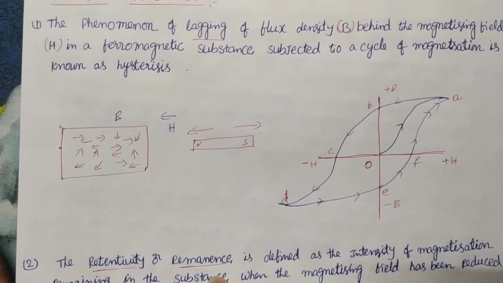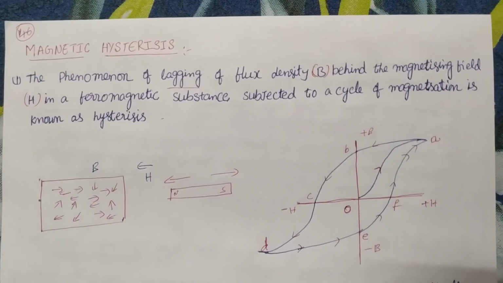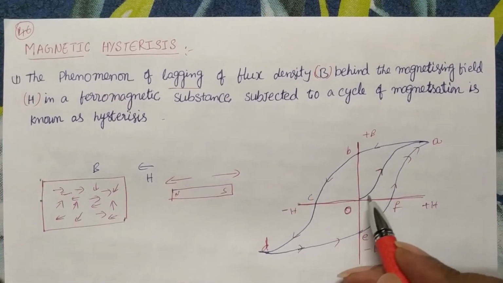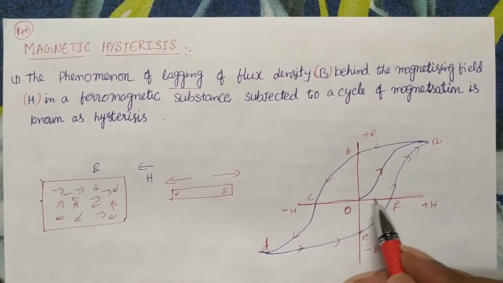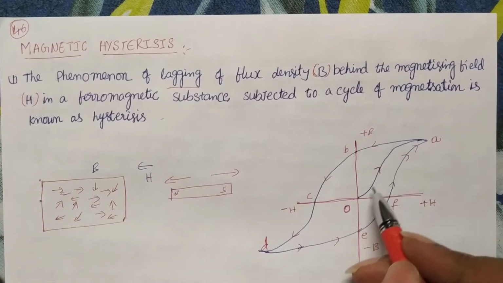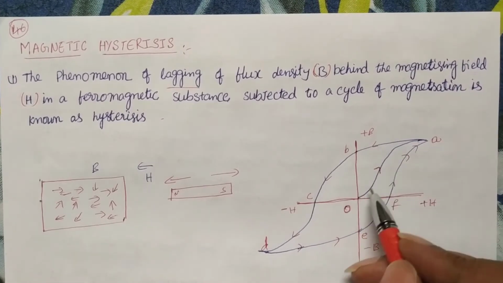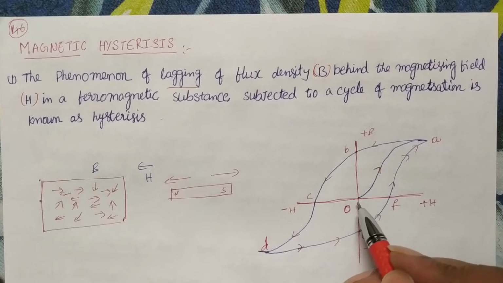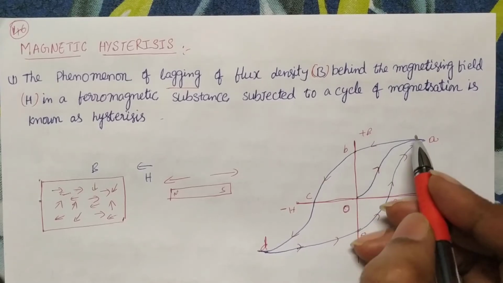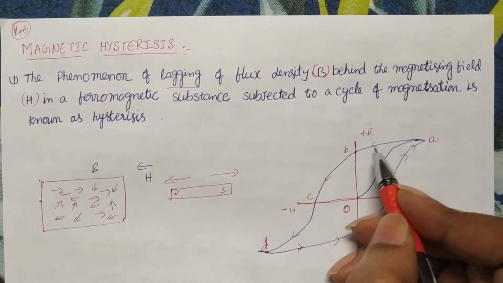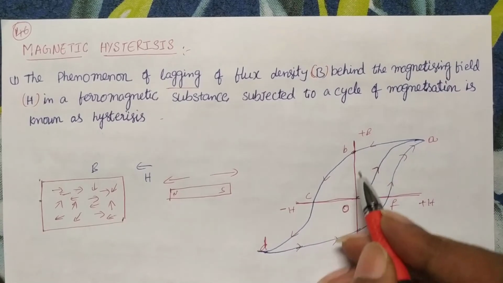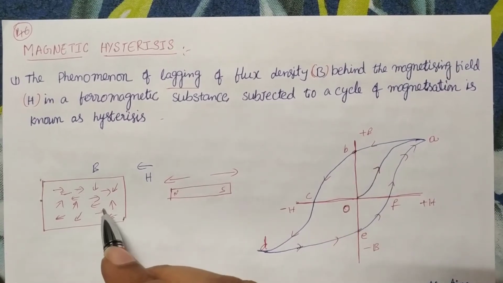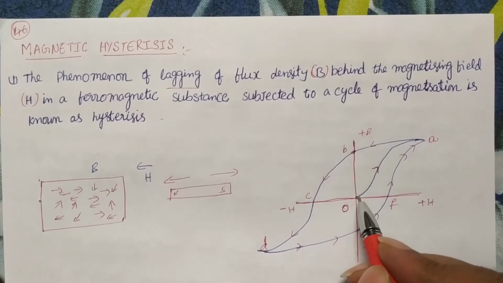What does remanence or retentivity mean? Up to here the H value increases. After reaching the saturation point, the H value starts decreasing, and it is made 0. Then the graph does not follow the same path backward. Actually it should follow backward like this, but in the case of a ferromagnetic substance, it follows like this. Even when the H value is 0, the field inside the ferromagnetic substance doesn't become 0.